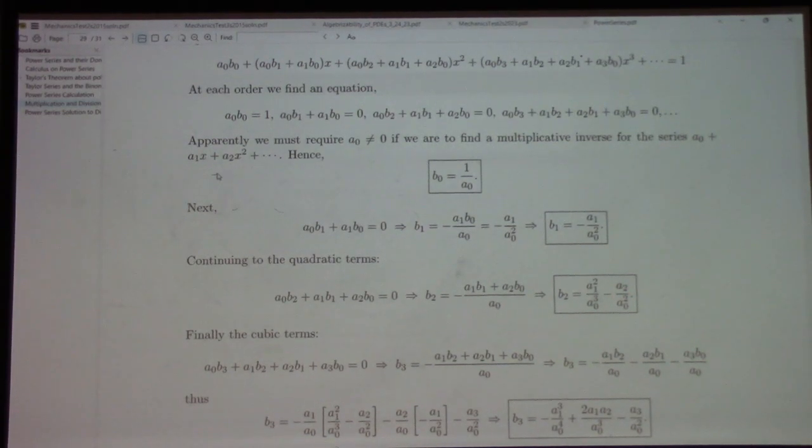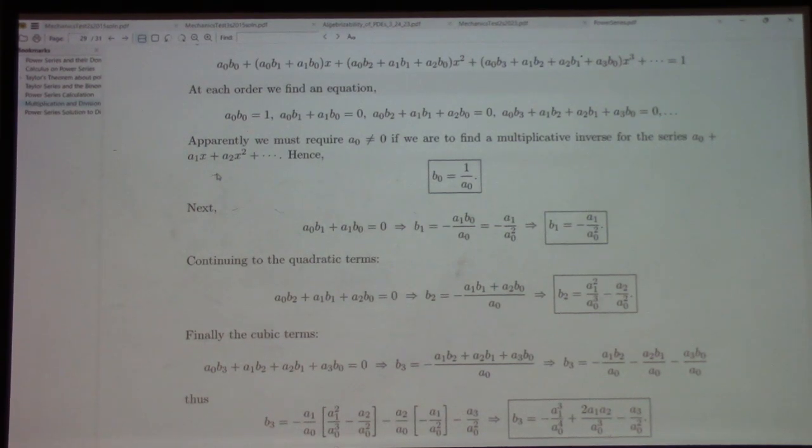That pattern continues. Then the cubic term is this, and then I plug in. At this point, we start getting different terms that combine together to give us like terms. It's getting more complicated. b3 is minus a1 cubed divided by a0 to the 4th, like so, right? And at this point, I'm tired of typing, so I stop there. But you can see that if you were so inclined, you could go on, right? There's a straightforward pattern here.